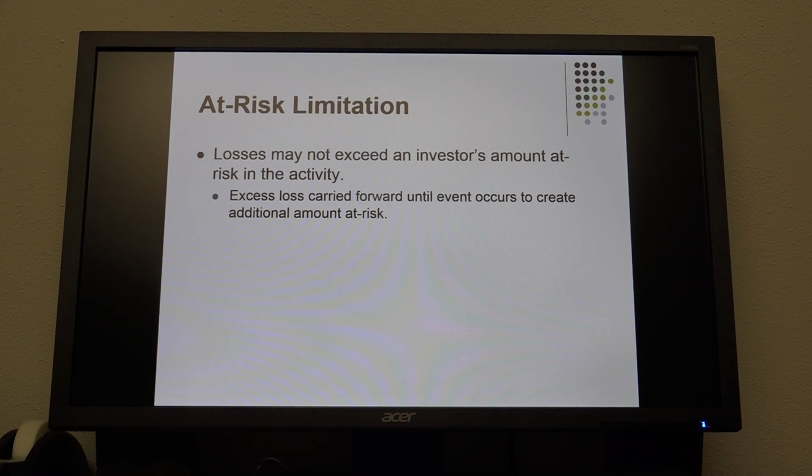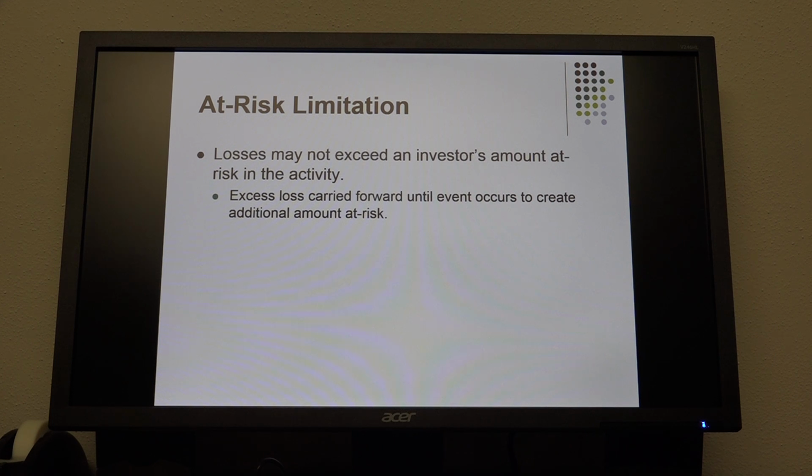And so losses may not exceed an investor's at-risk amount in the activity. Any excess loss is carried forward until some event occurs to create additional at-risk amount. So let's say a taxpayer invests $50,000 in a particular passive investment. The passive investment has $100,000 of losses and no loans.